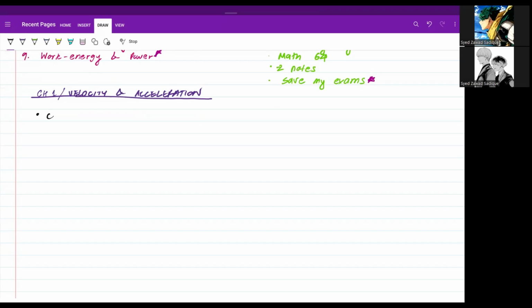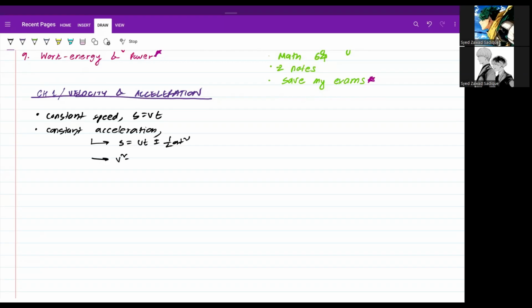So you have constant speed, that is S is equal to VT. And you have constant acceleration, for which the formulas are S is equal to UT plus minus half AT square.